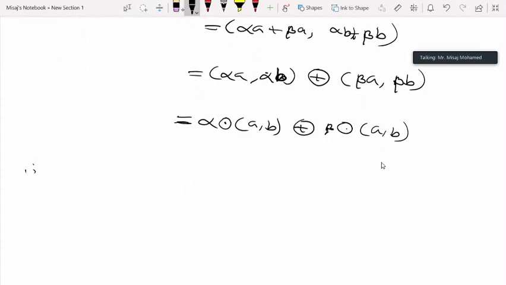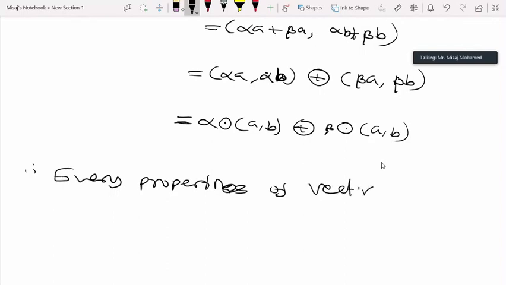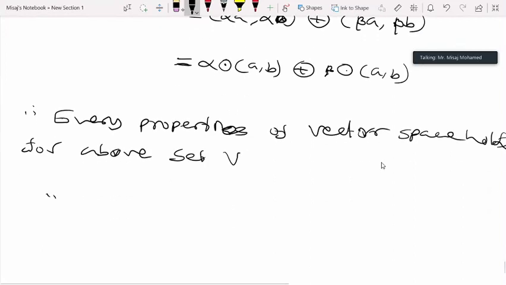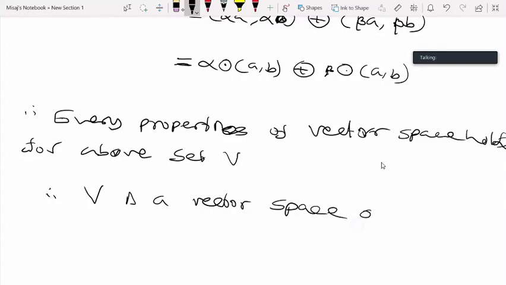Therefore every property of a vector space holds for the above set V. Therefore V is a vector space over R.